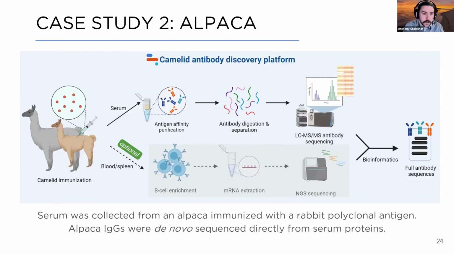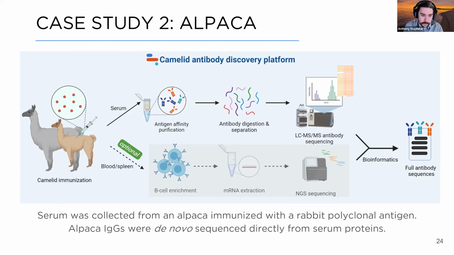So this project went through our typical repab antibody sequencing workflow. This was an alpaca that was immunized with a rabbit polyclonal antigen. And with that, we were able to purify the antibodies.